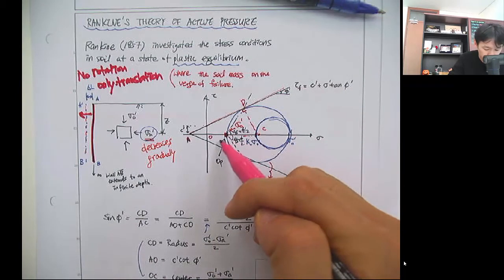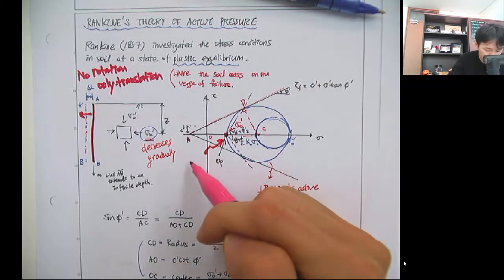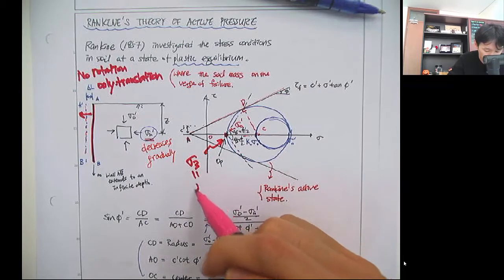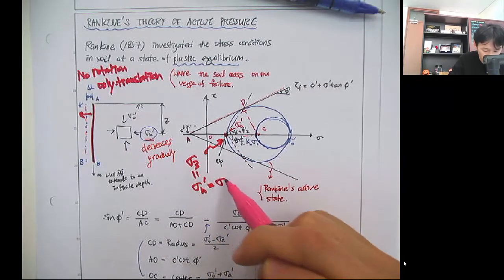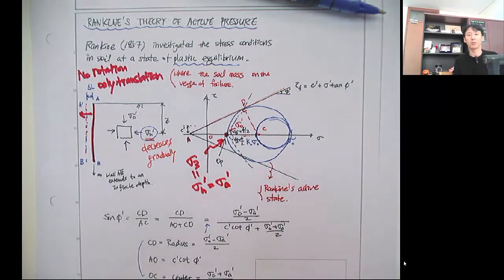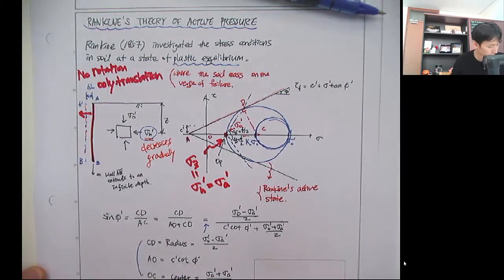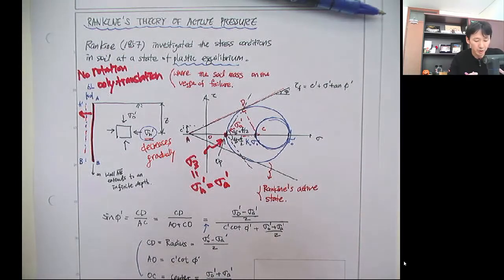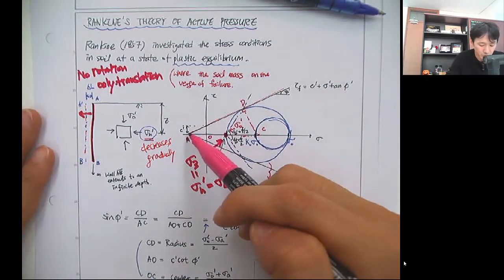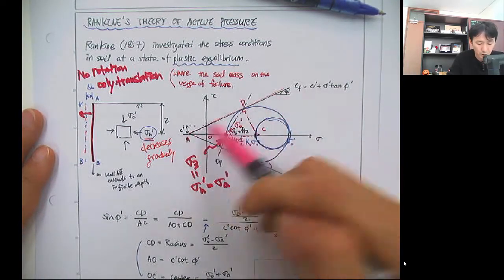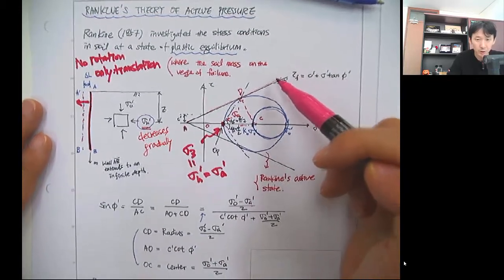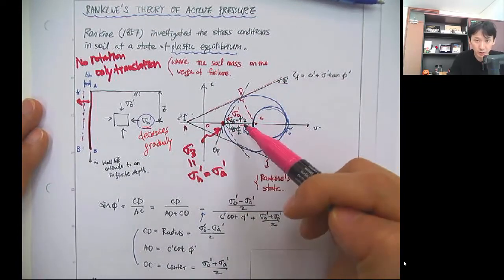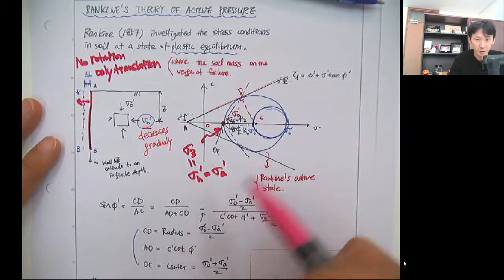So here sigma 3 is the same as the horizontal stress, that's the effective stress. If you understand how the circle is getting bigger, and when it's tangent to the Mohr-Coulomb failure envelope, then based on the trigonometric relations, we can calculate sigma 3.